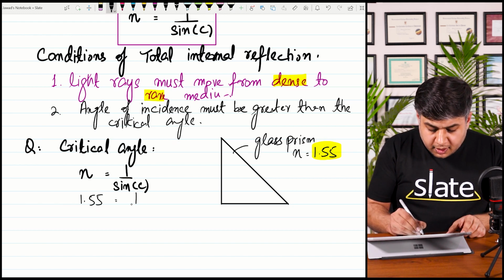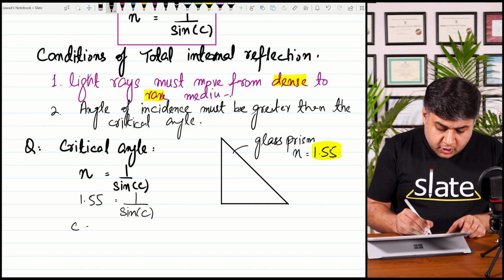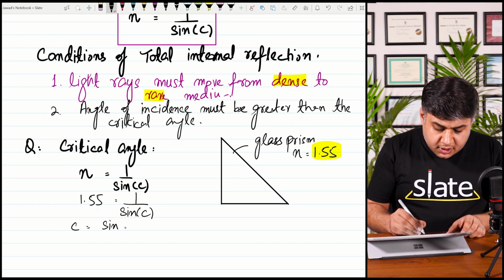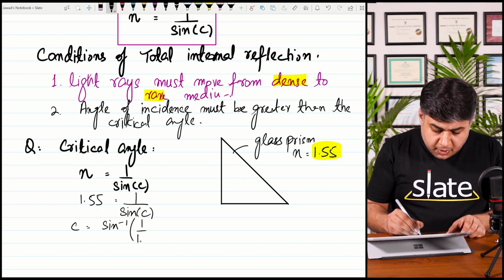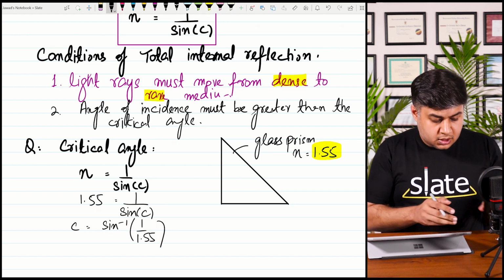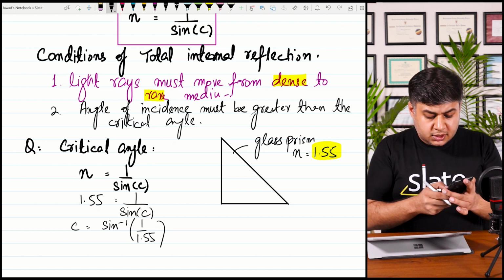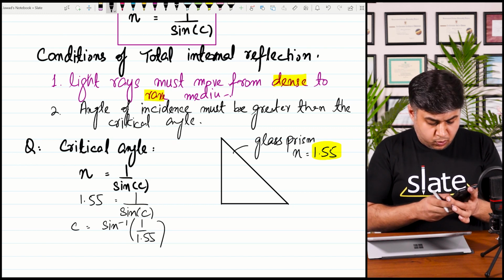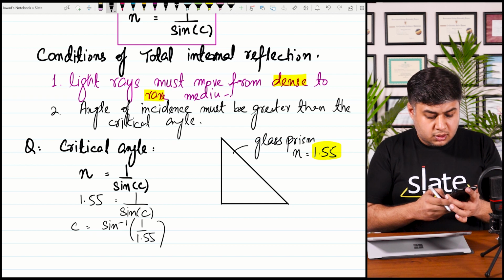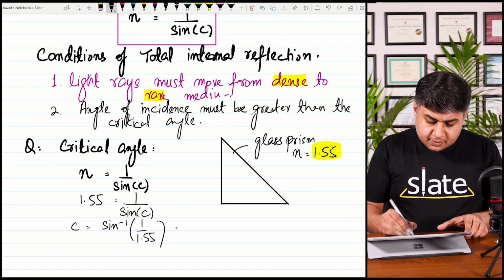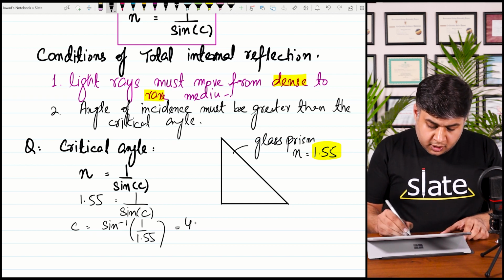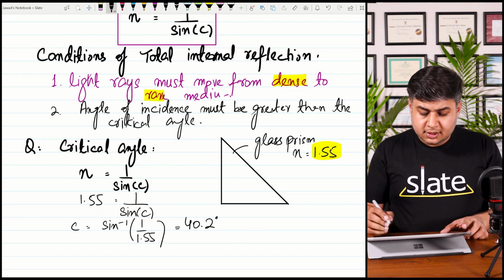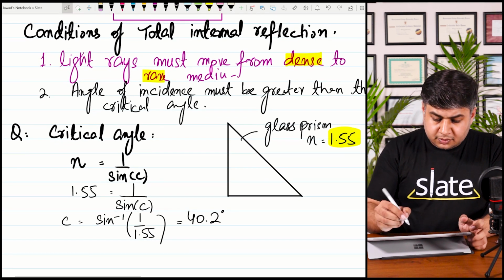So 1.55 is equal to 1 divided by sine of critical angle. So critical angle is equal to sine inverse of 1 divided by 1.55, which comes out to be 40.2 degrees.